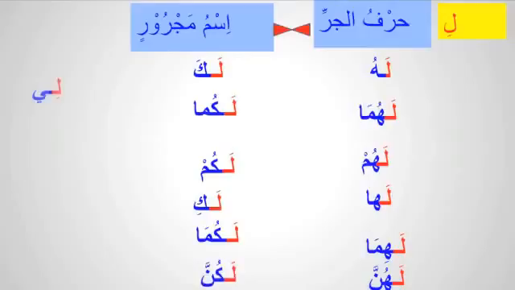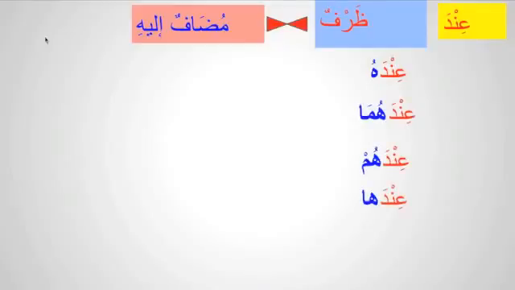Lakuma, lakunna, li; li means for me, belongs to me. Hadhi sayyaratu li means this car is for me, belongs to me. Lana is for us. Same thing here: we don't say lai, we say li, because of ya, the fatha will change into kasra.